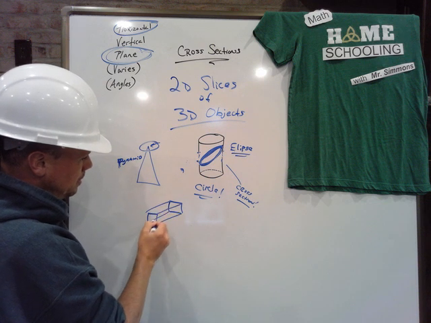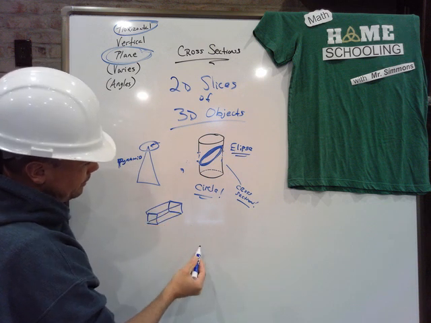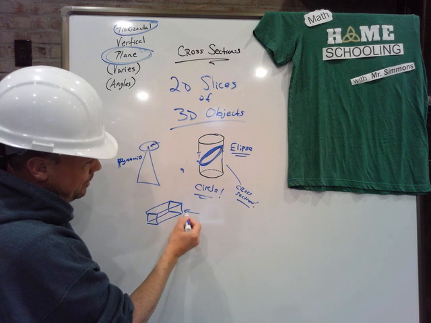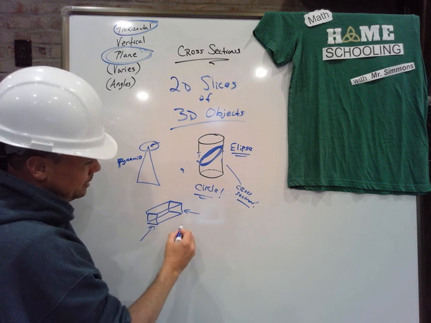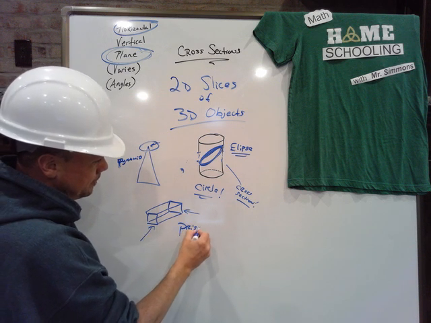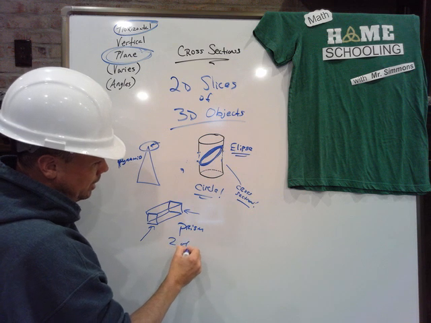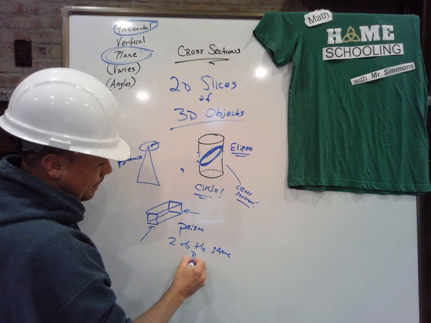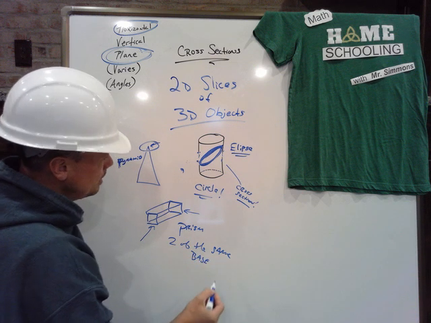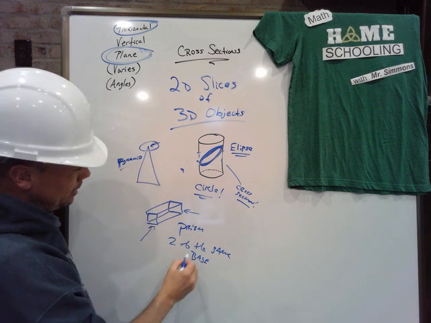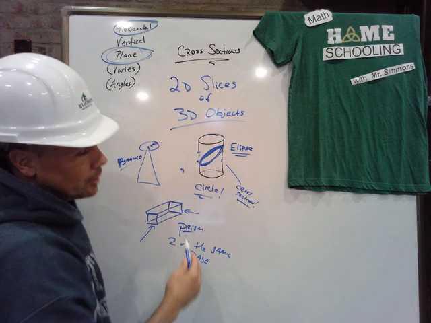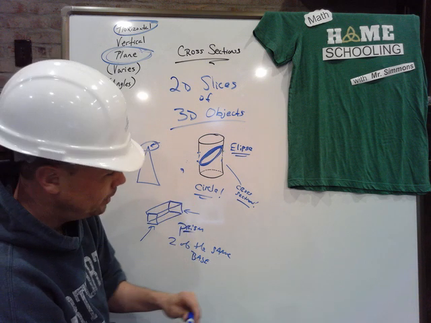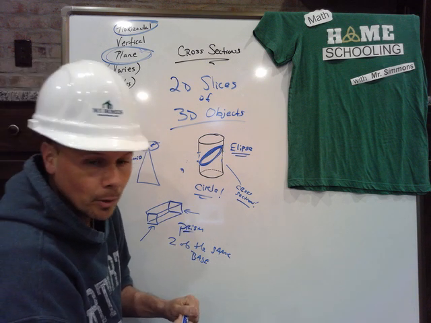Okay, it's kind of a rough drawing, but prisms have the same base here and the same base here. So a prism has two of the same base. So use some of the proper terms, pyramid, prism, horizontal, vertical, plane, as you go through and talk about your work today.